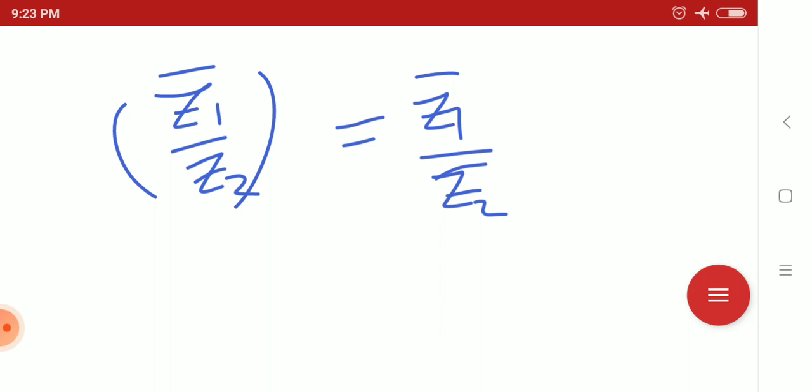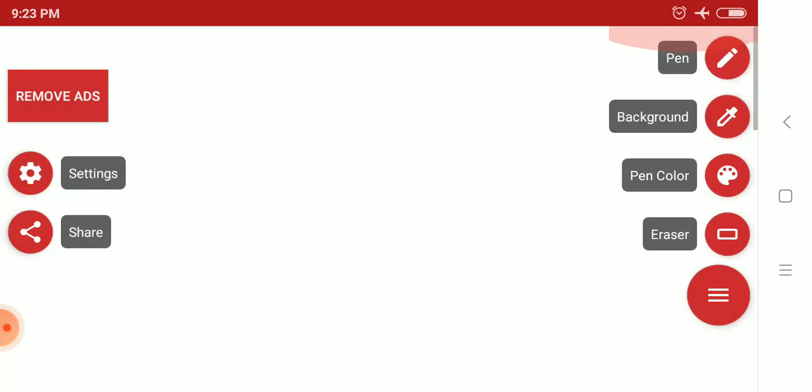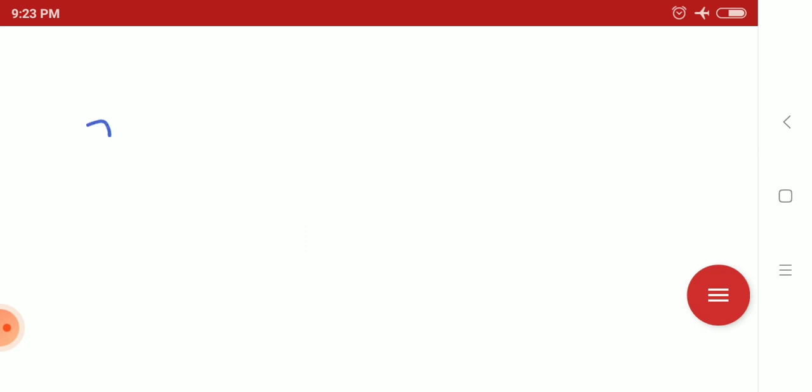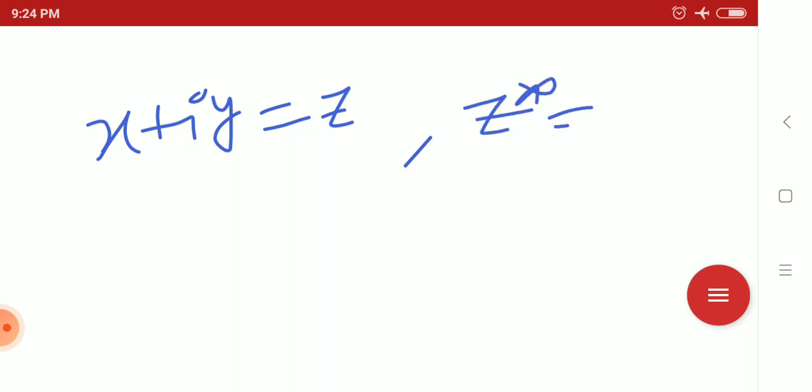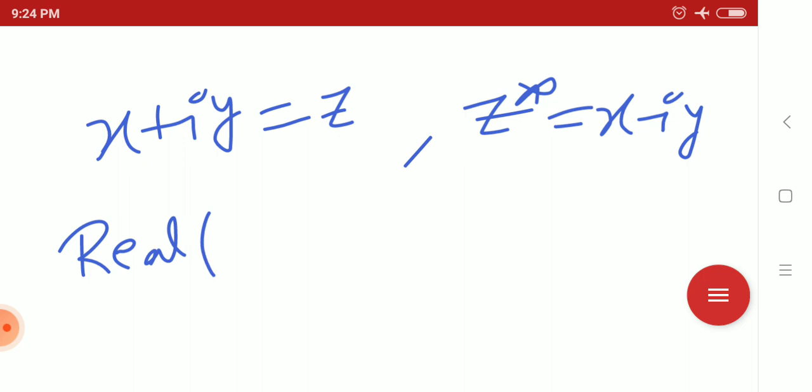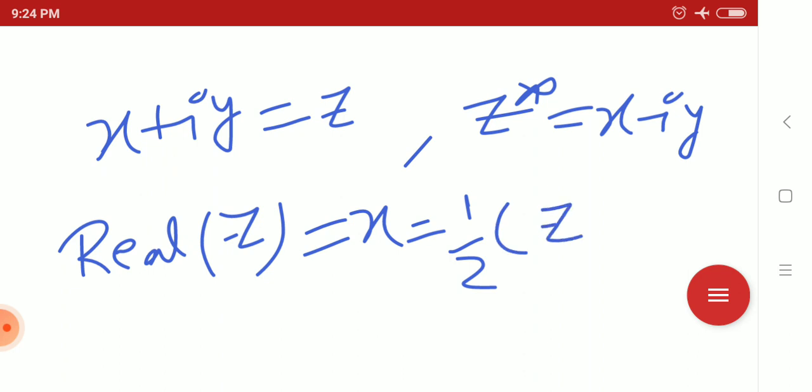Similarly, another important formula that you should know: x plus iota y equals z, z star equals x minus iota y. So the real part of z, that means x, can be written as half into z plus z star.